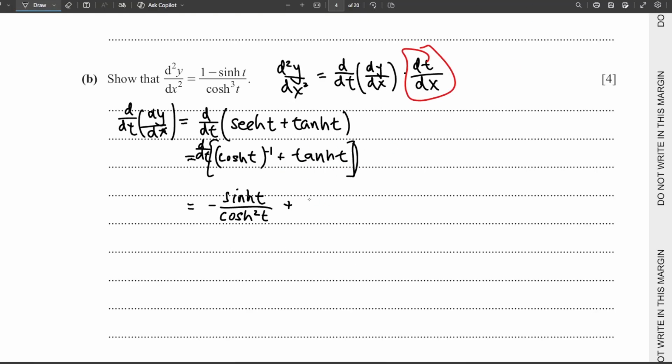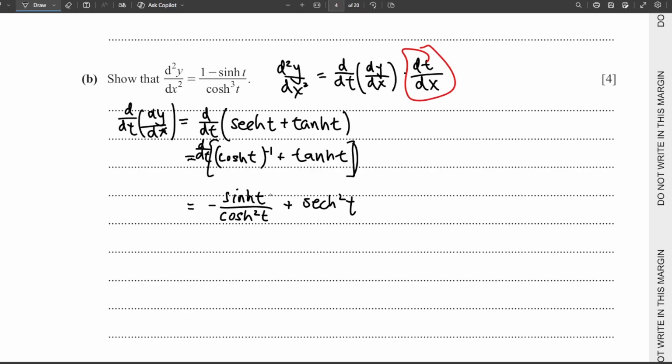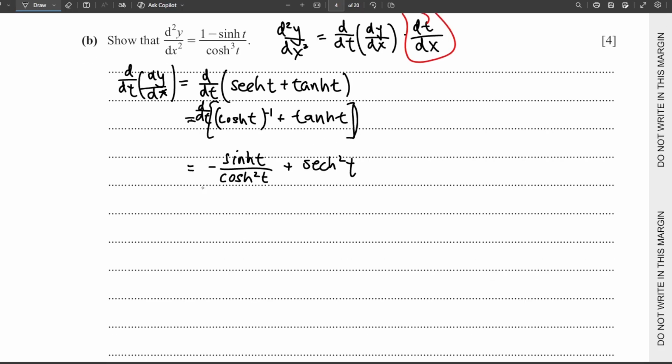So this one, and we want to prove it in this particular form here. This sech squared, I'll rewrite as 1 over cosh squared, and we can combine both of these fractions together. So it becomes 1 minus hyperbolic sine over hyperbolic cosine squared. This is where we're combining both fractions together.